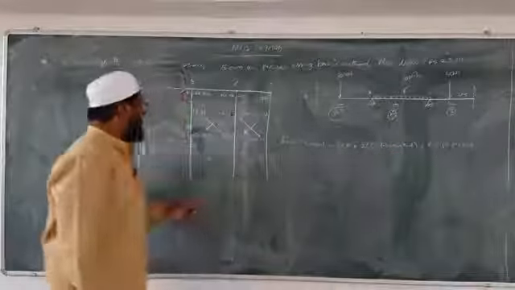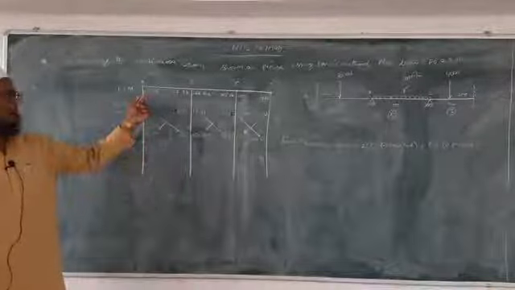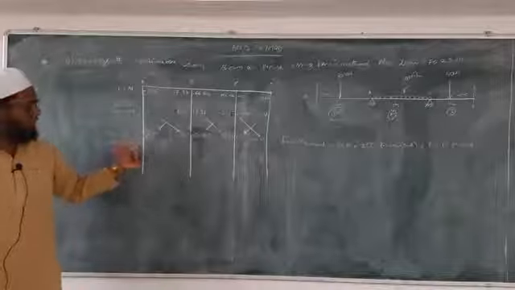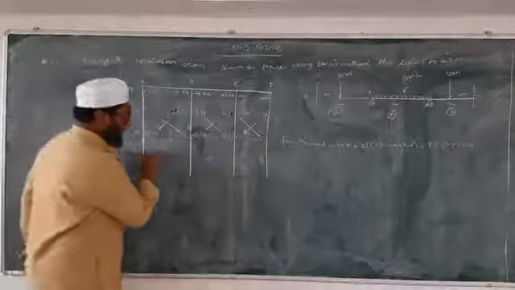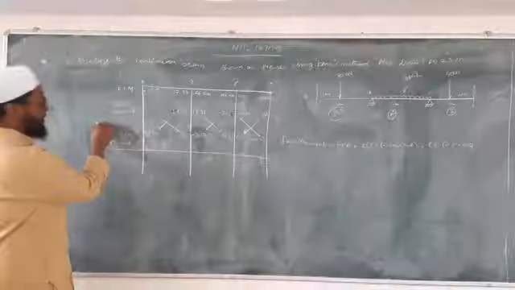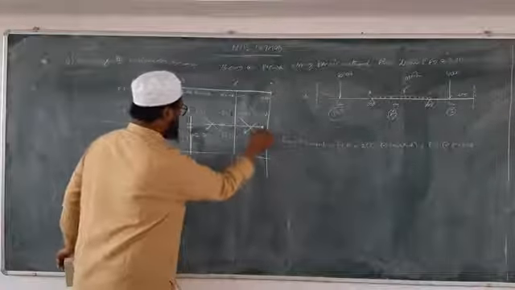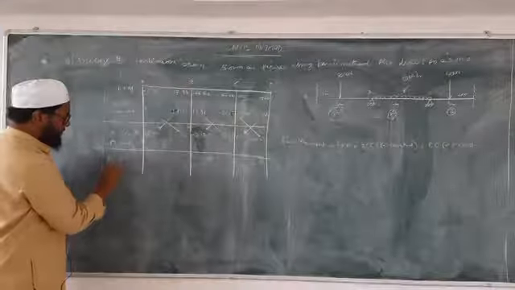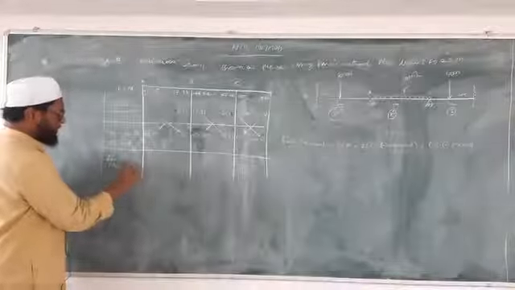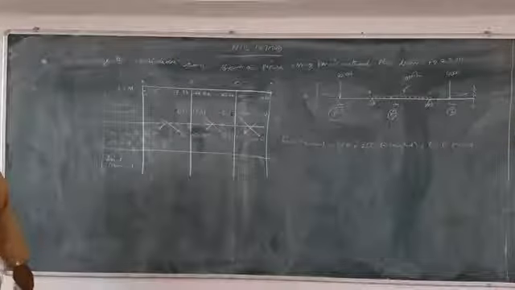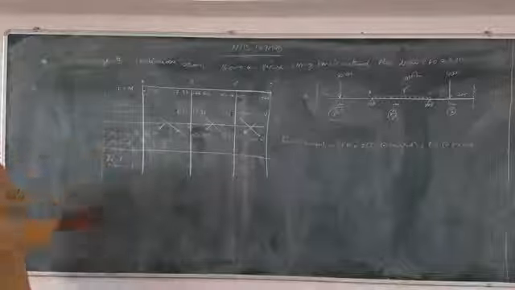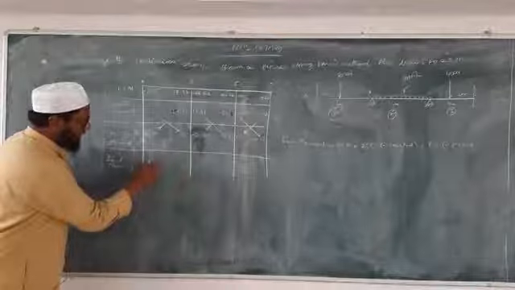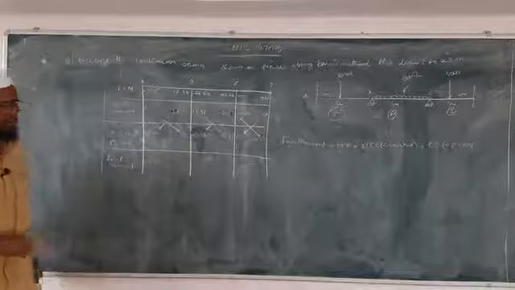So now see here, minus 35.55 plus 2 into 0 plus 17.51 is your final moment. How much? This is 0, no? Minus 18.04.